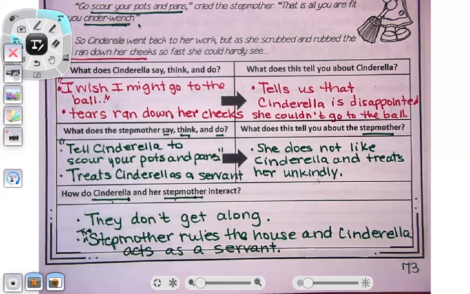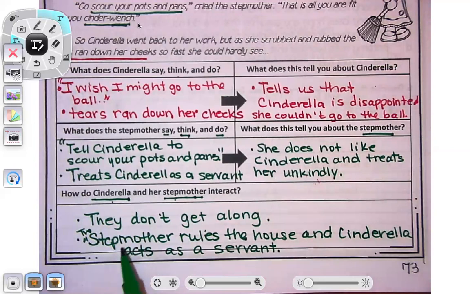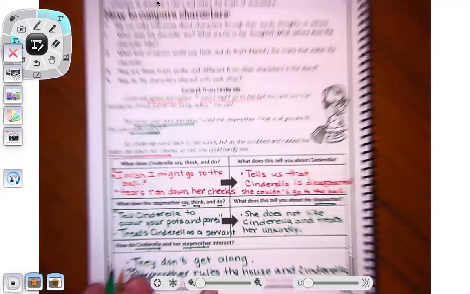And she only acts that way because of the stepmother's behavior and the way the stepmother is treating her. And we already know she cries, so she does want a different life. She's just in this situation that's causing her a traumatic experience here, living with this very mean stepmother. And that is comparing characters.